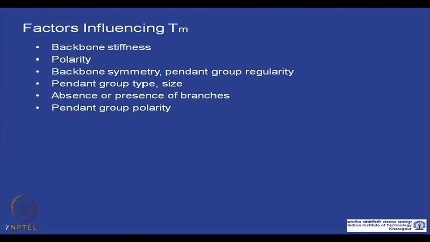We have discussed the backbone stiffness, the polarity, and the effect of pendant group size and type. Obviously, if we have branches present in the polymer chain, it hinders crystallization, so crystallization becomes difficult. So, it affects the Tm.